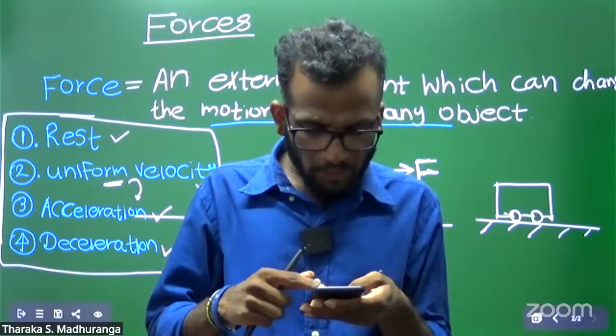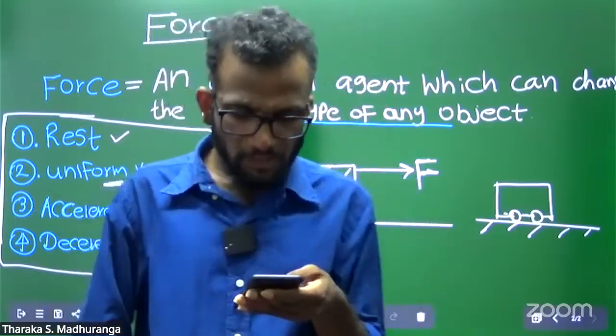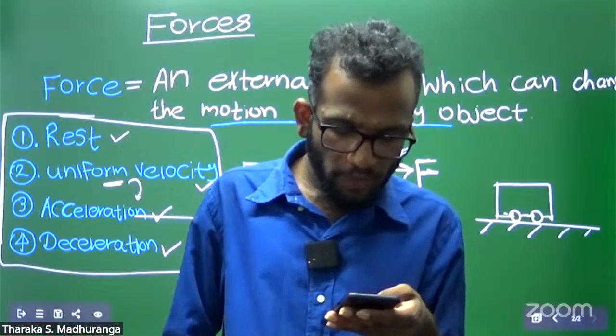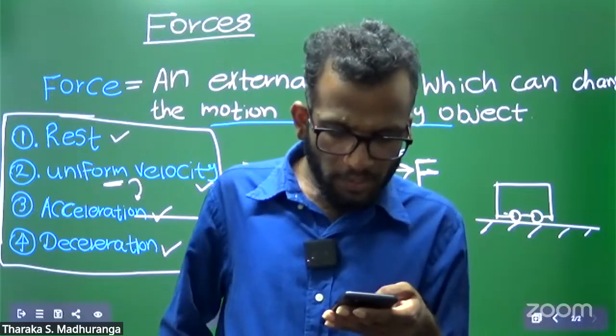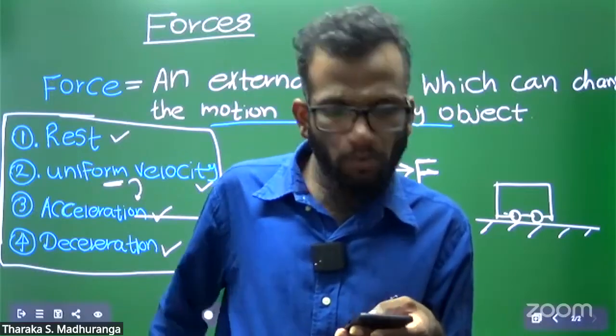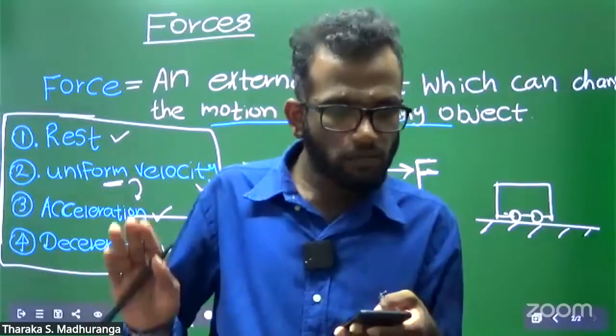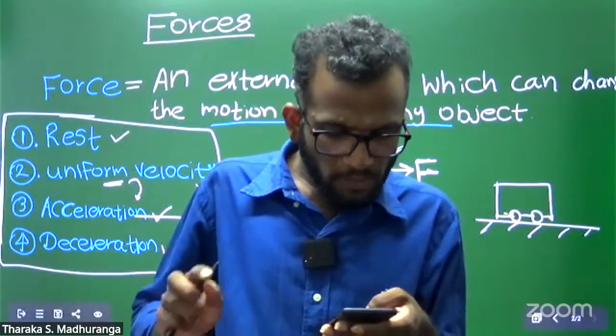Okay, I have given: a force is an external agent that changes the motion of any object or induces it to change the motion. That's the full definition of the force.